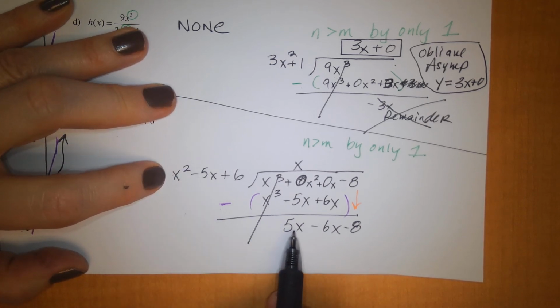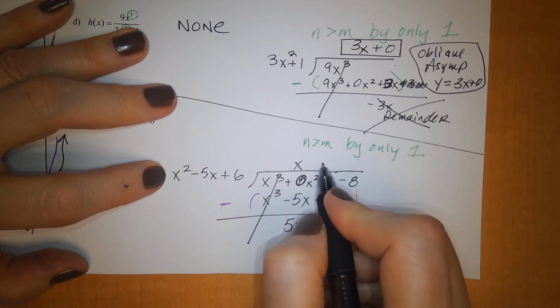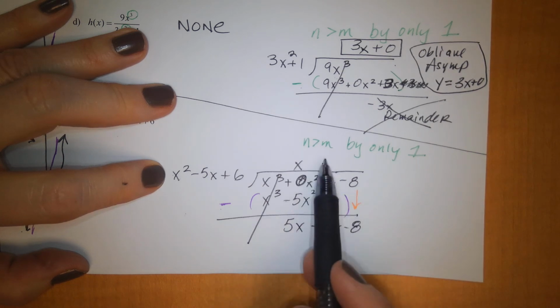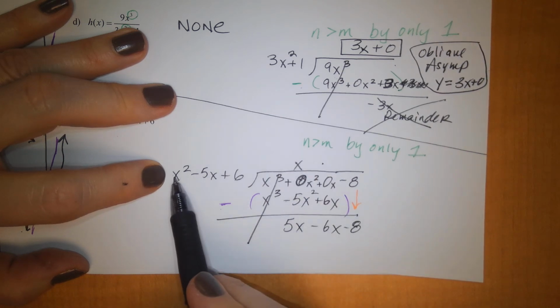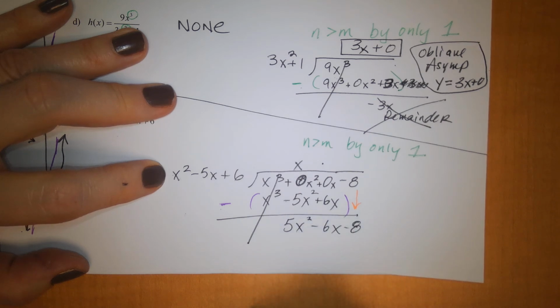5x squared, x squared divides into 5x squared how many times? In other words, what times x squared will bring me to 5x squared?